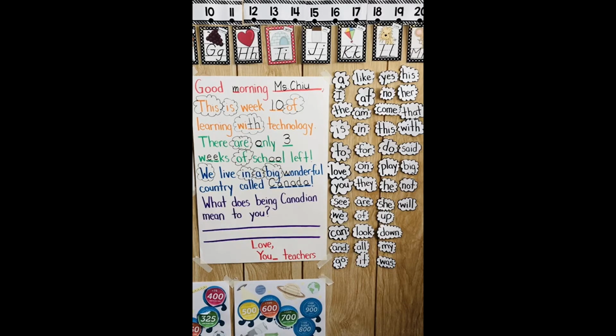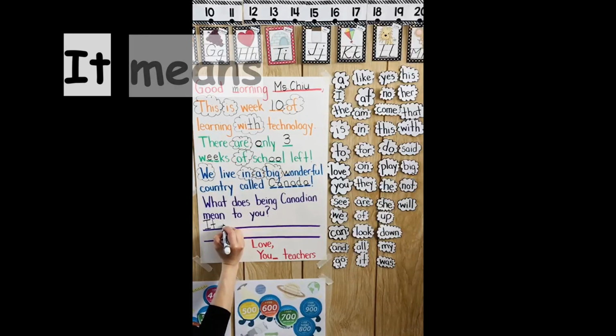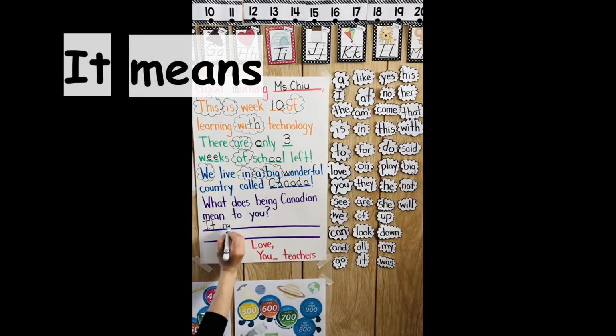I'll start with the word it. I-T spells it. It's a popcorn word. And I know that I need to start with a capital letter because it's the beginning of a sentence. Finger space, then the word means. If I don't know how to spell the word means, I can stretch it out or look at the question.